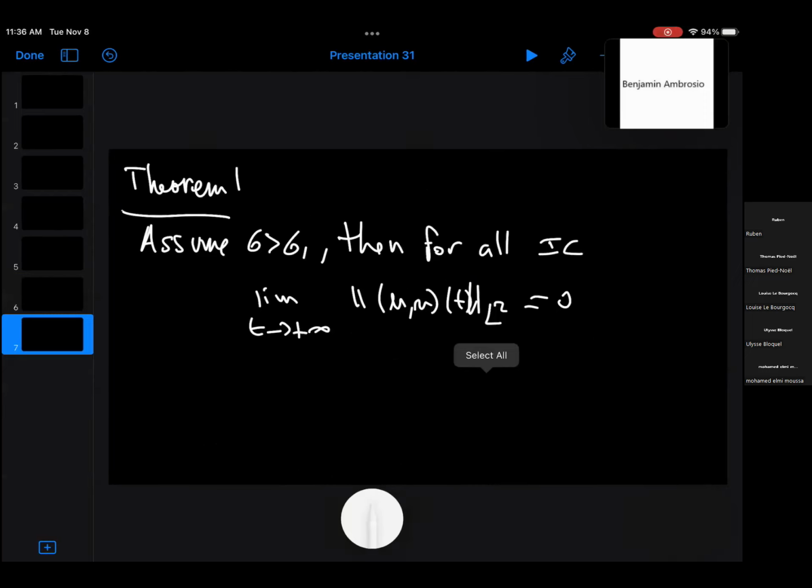All right, so next we are dealing in more detail with this theorem 1. So now if sigma is greater than sigma 1, then for any initial condition, so I need to start in L2, then UV goes to 0 as t goes to infinity. So there are several ways to look at that.